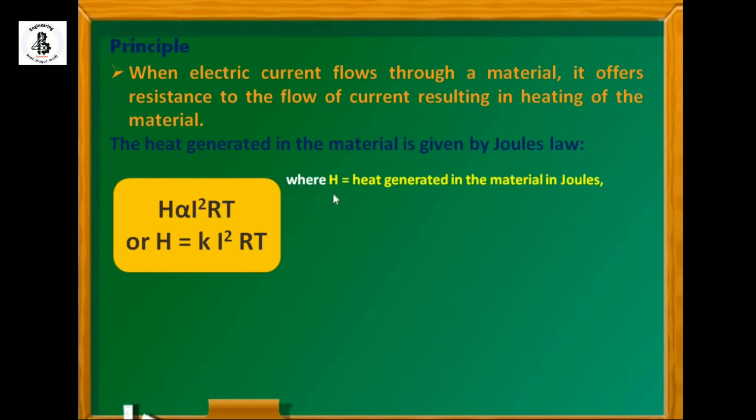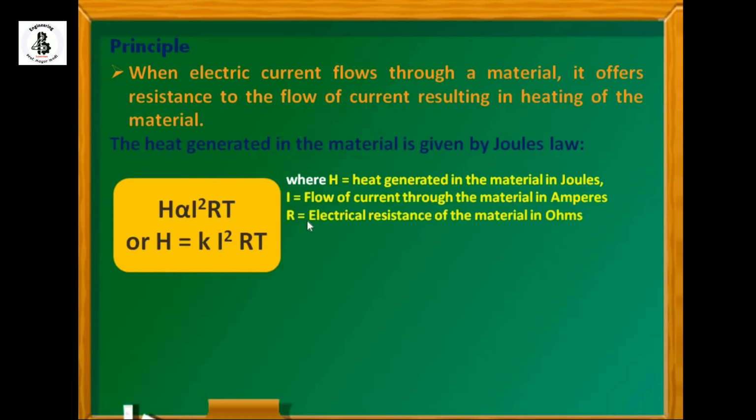Here, the capital H represents the heat generated in the material in joules. I is the flow of current through the material in amperes. R is the resistance of the material in ohms. T stands for the time for which the current flows, so that is the pulse on time.